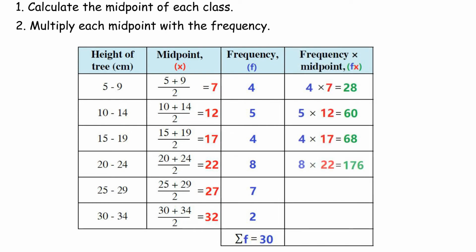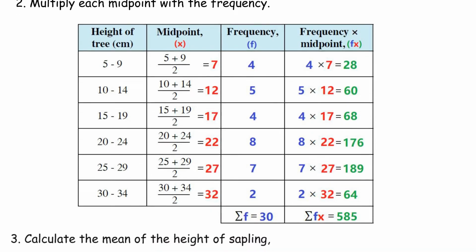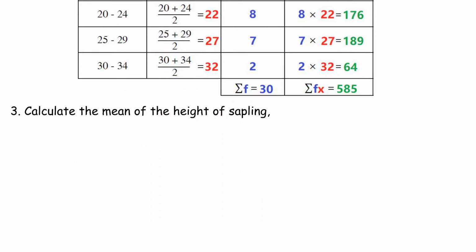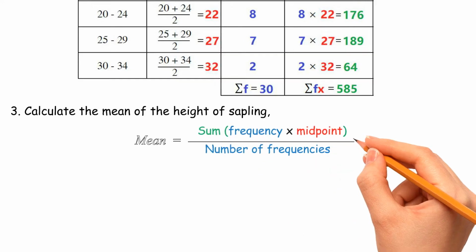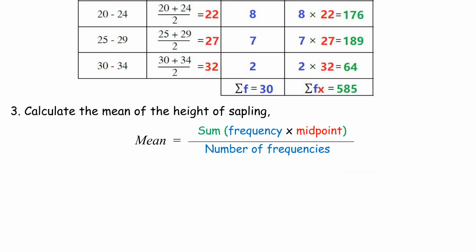Multiply each midpoint with the frequency. 3. Calculate the mean of the height of sapling. Mean equals the sum of frequency times midpoint over number of frequencies, equals 585 over 30, equals 19.5.